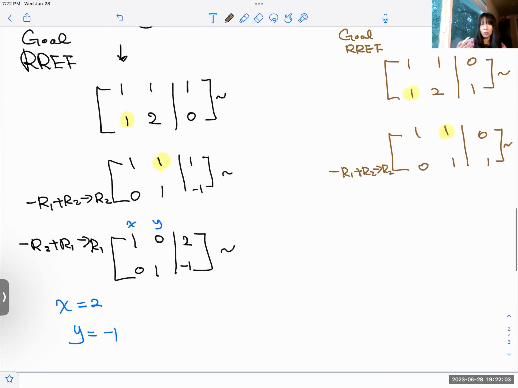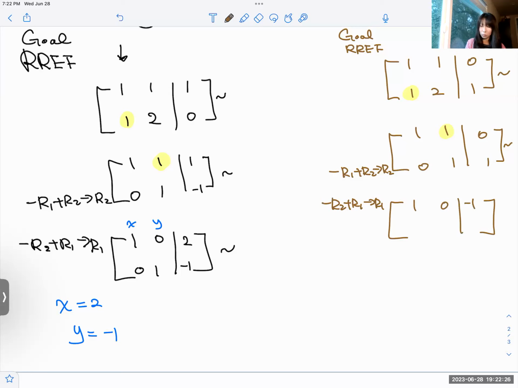Okay, now we want to make a 0, then I cannot just add them because I don't have a negative. So we make negative R2 and R1. Yeah, to make R1. So 1, 0, negative 1 then.